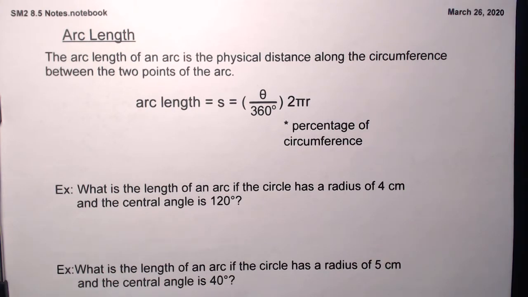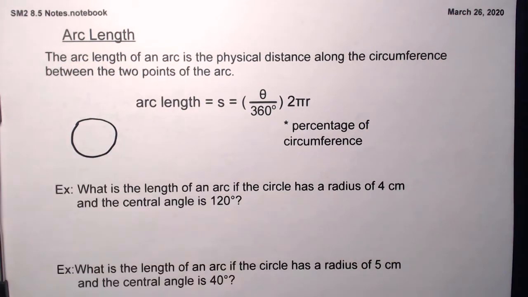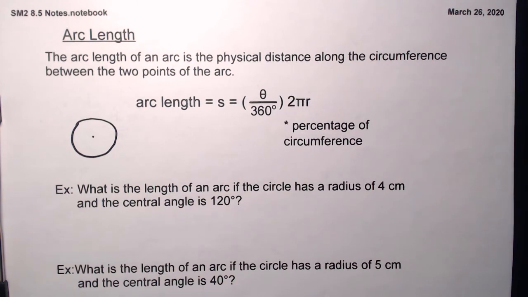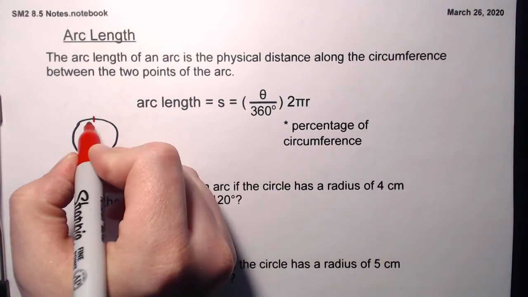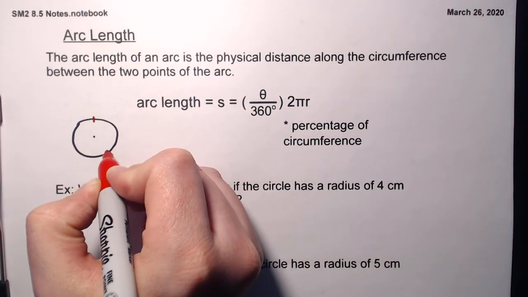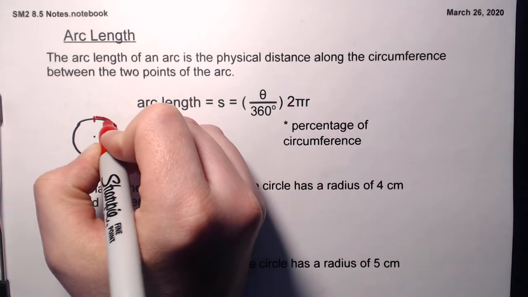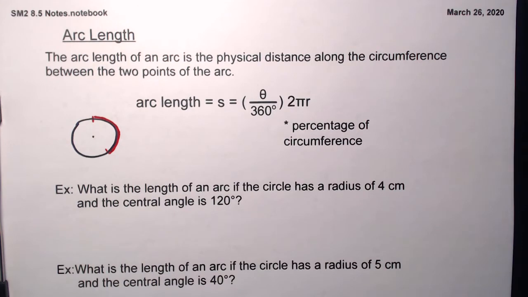So if I have a circle, and I want just this much, so I want to start here and I want to walk, I don't know, to here. And I want to know how far that is.